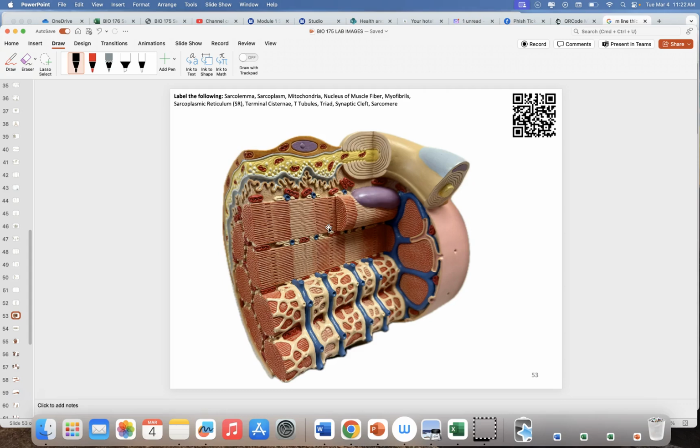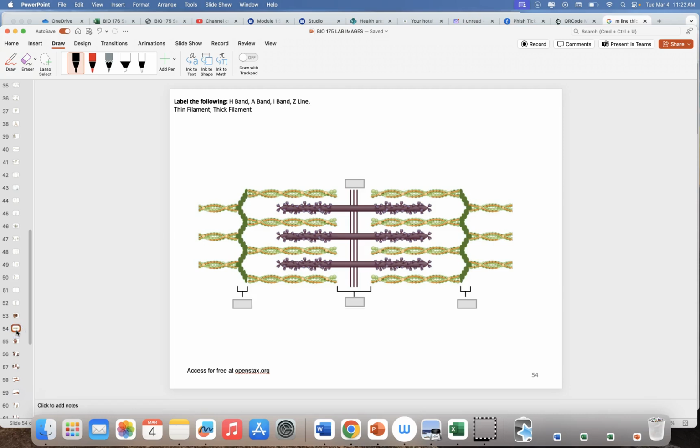What this model doesn't show is very much detail about the sarcomere structure. That's where this other figure comes into play. We're going to use this figure from the Anatomy and Physiology OpenStax textbook to help us further explore sarcomere structure.